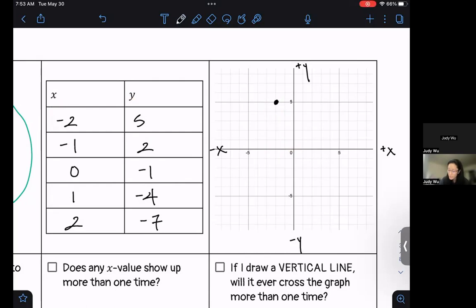For the next coordinate point, -1, 2, we go to the left one and up 2, and we get our second point. We do the same thing for the other 3 points: 0, -1, then 1, -4, and 2, -7. We're going to connect these 5 points with a line.